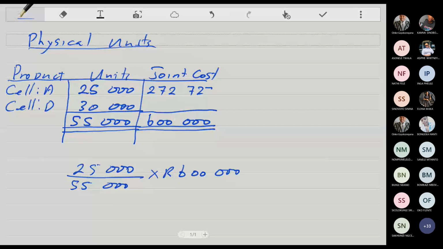So let's just round off to the nearest rand. So we'll take it like that.